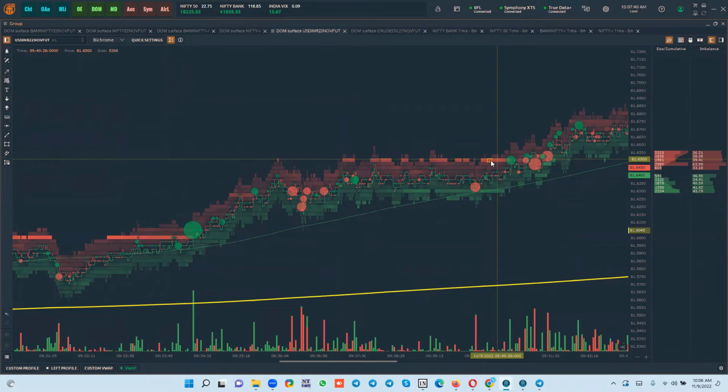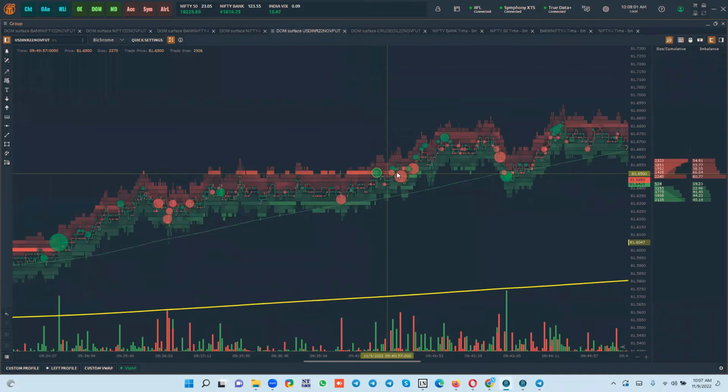Whenever the market started going up, you saw this order defending this particular level across this time period, I would say almost 5 minutes. It was defending this level, and thereafter again the market started going up.